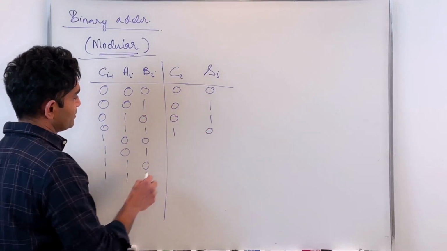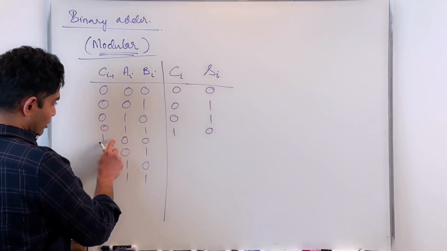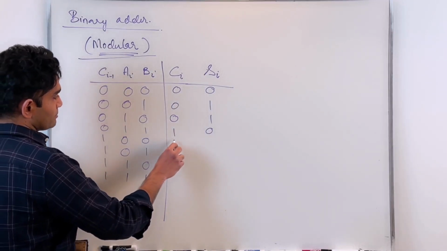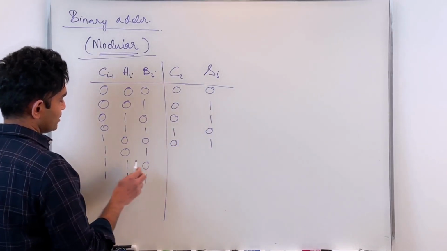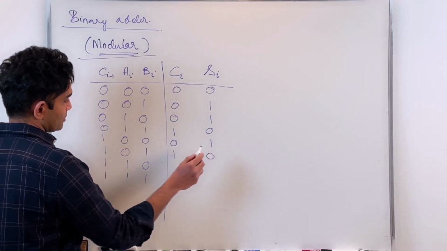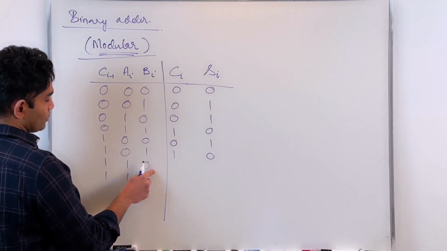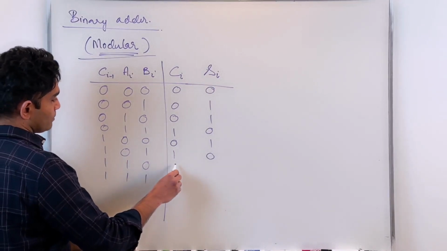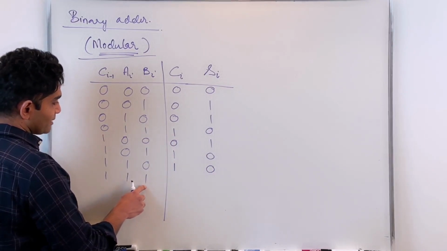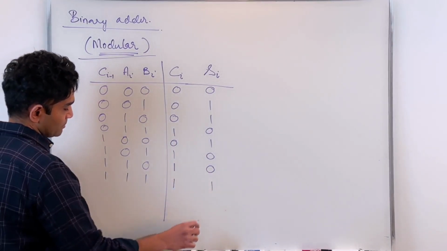That's 1, 0. 1 plus 0 plus 0 is 1 again. That's 0, 1. 1 plus 0 plus 1 is 2. 1 plus 1 plus 0 is 2. 1 plus 1 plus 1 is 3. You get that.